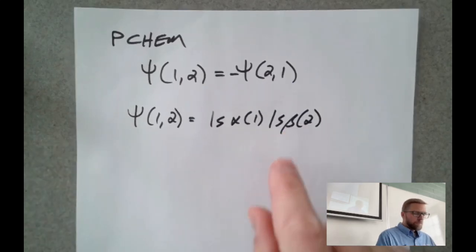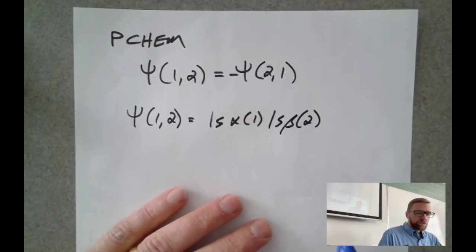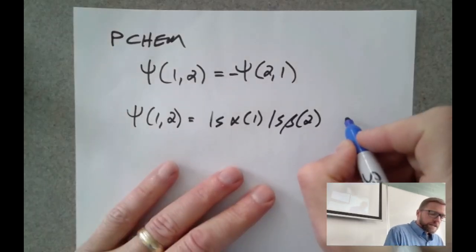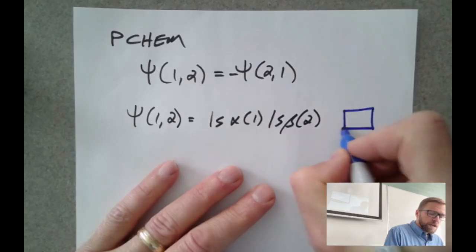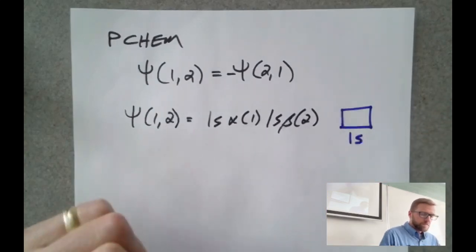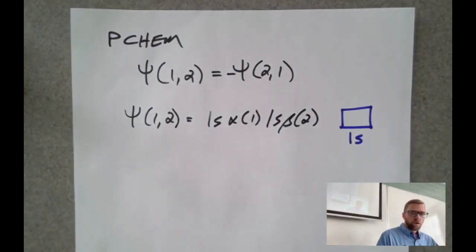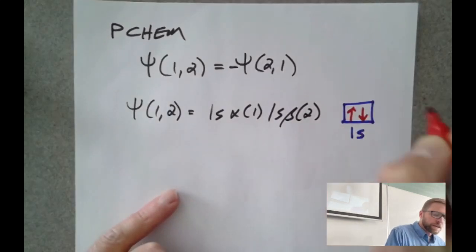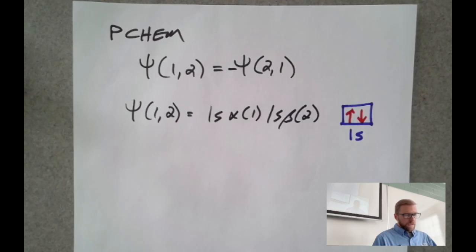If you recall back to general chemistry, those box electron configurations look something like this. Here's the box. This is 1s. And one of the electrons is an up electron, the other is a down electron.